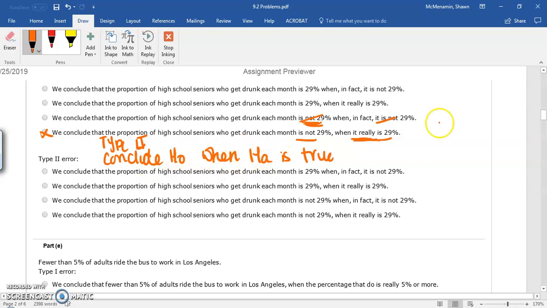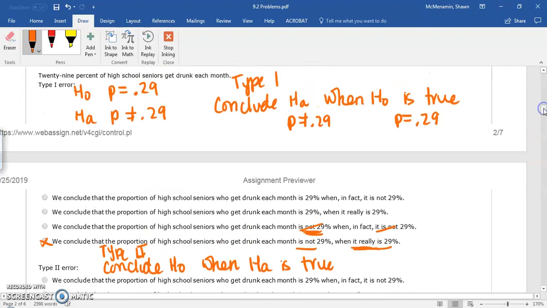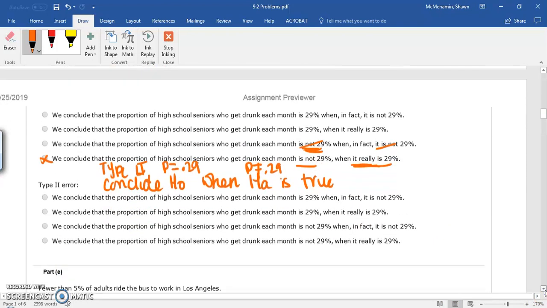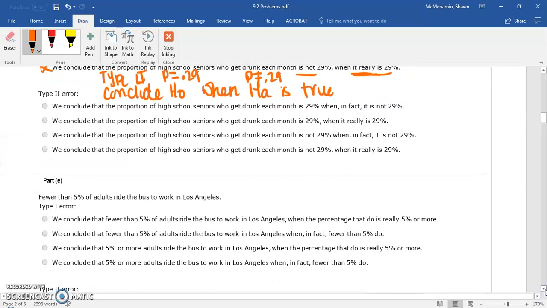H naught is P is equal to 0.29, HA is P is not equal to 0.29. So you're concluding that the percentage is 0.29 when in fact it is not 0.29. So that's this one. We conclude that it is 29% when in fact it is not 29%.